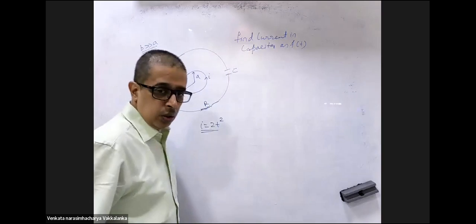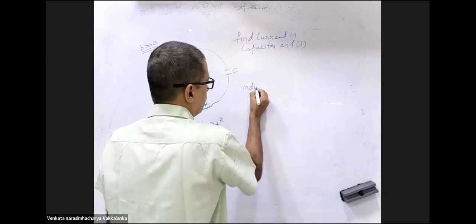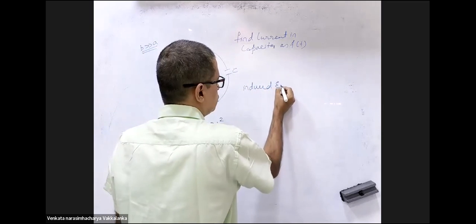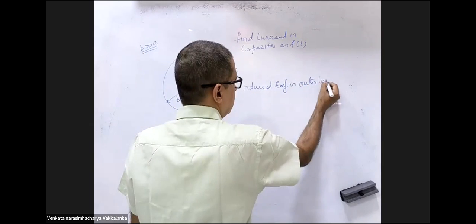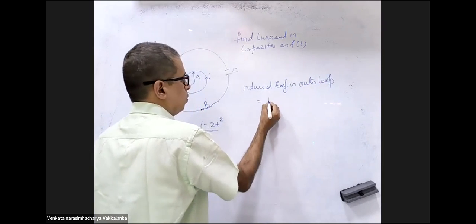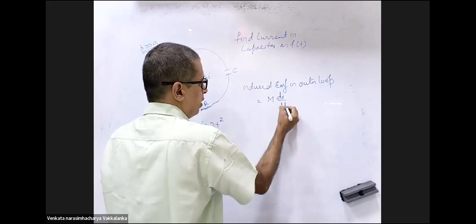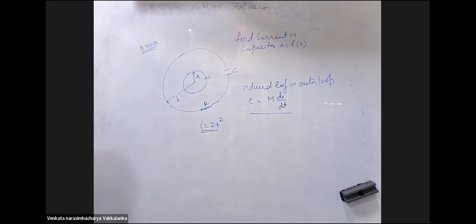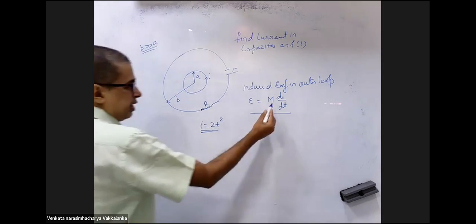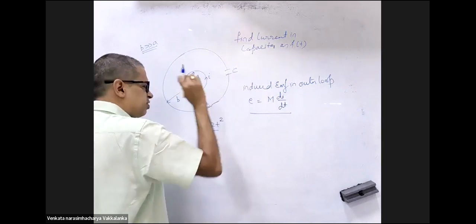Induced EMF in the outer loop. Have a look at it. Induced EMF in the outer loop will be equal to M di by dt. Induced EMF in the outer loop is the coefficient of mutual inductance between the two into the rate of change of current in the first loop.